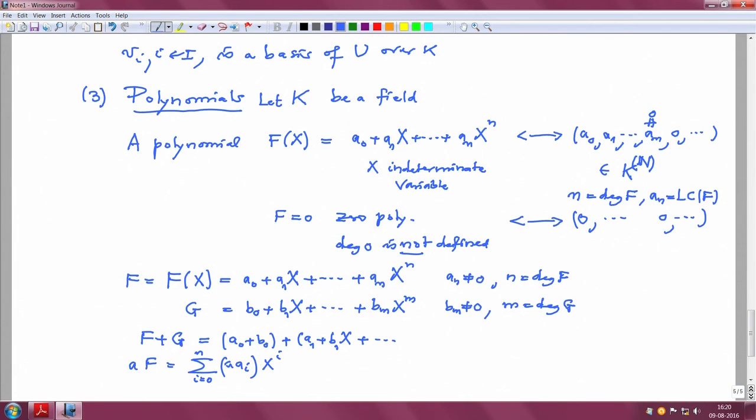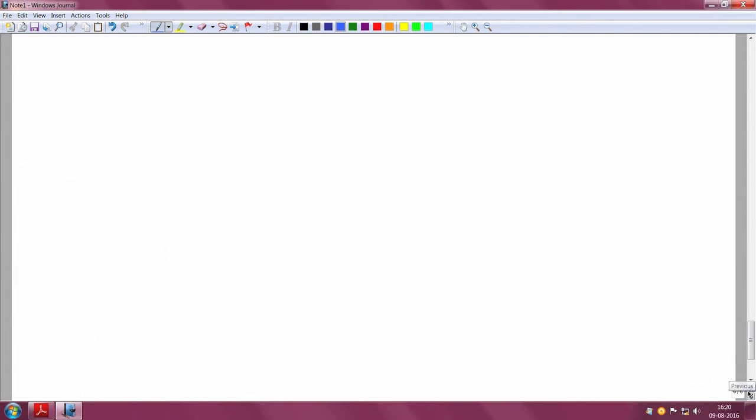We have also learned to multiply polynomials. The multiplication of polynomials is rather complicated in the sense we first multiply the powers of the variable, x^i times x^j is x^(i+j), and then use the distributive law to expand.